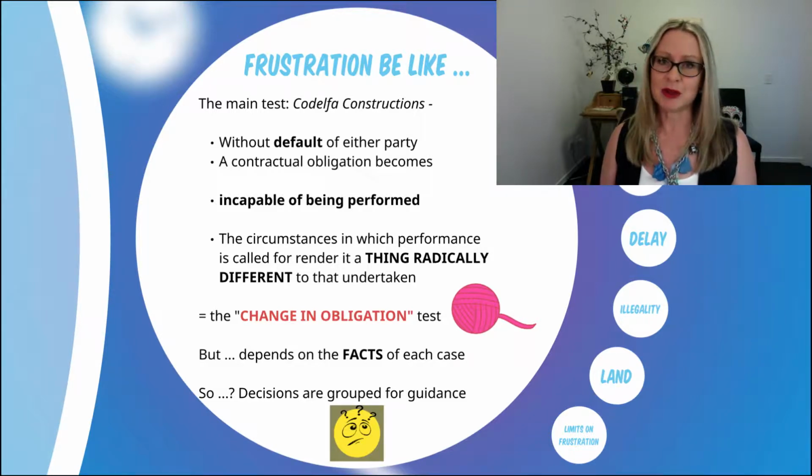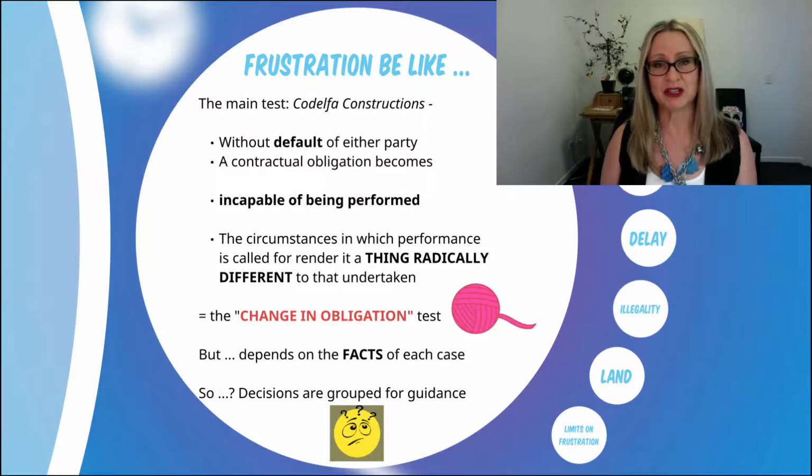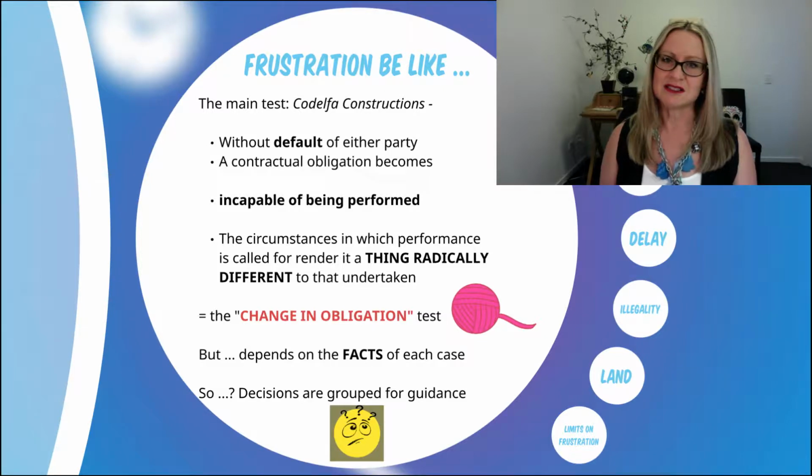It just doesn't work that way. It really is very much a kind of a touchy-feely thing. You really have to look at all of the circumstances, the contract terms, and try and kind of work things out. That's why I've got the picture of a piece of string there. It's kind of like how long is a piece of string? There are guidelines, like I said, but at the end of the day, each particular case will be a case unto itself.